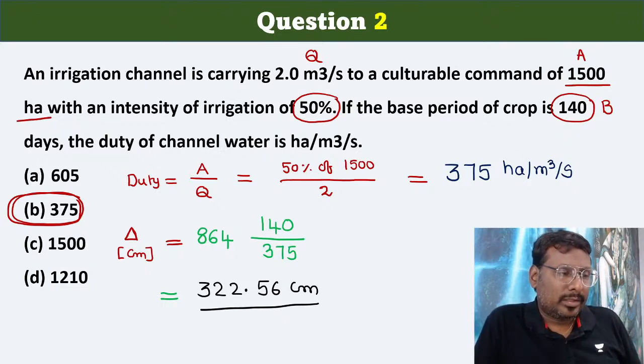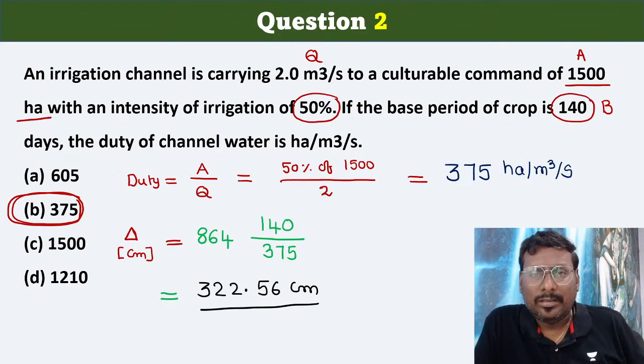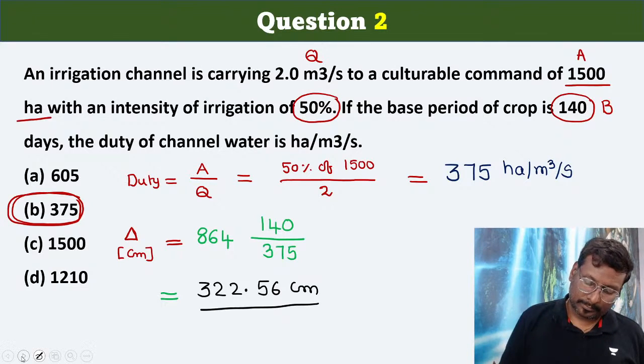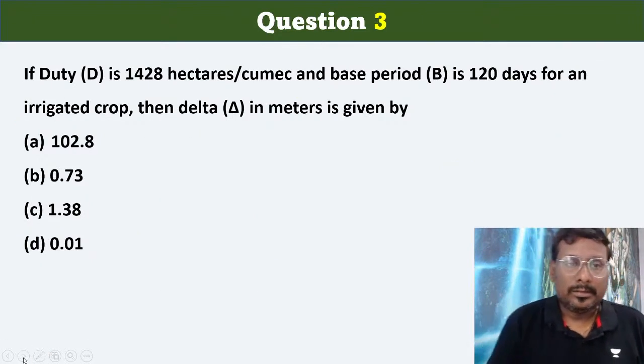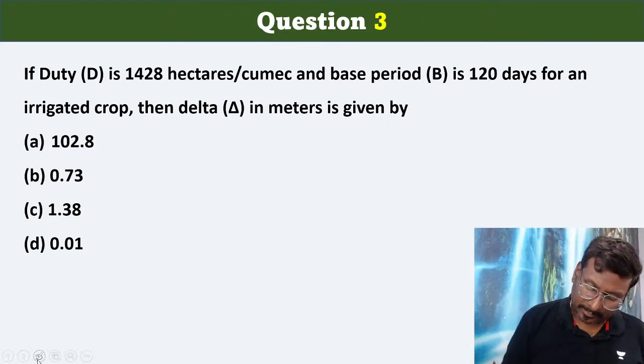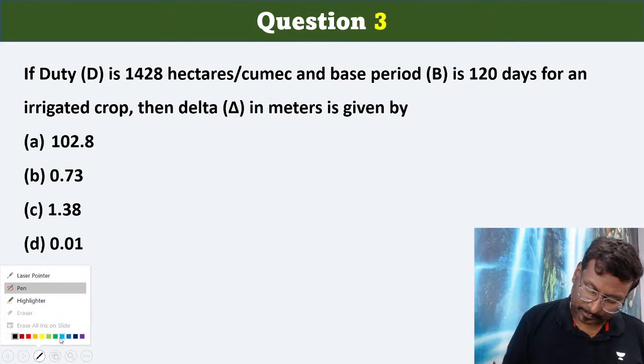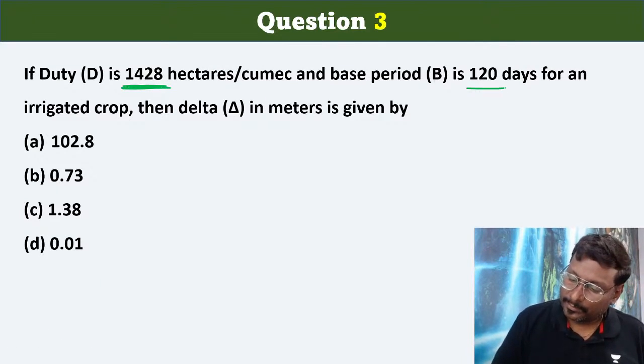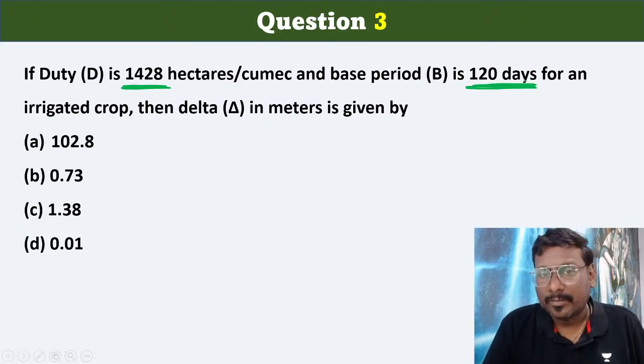Yes, Jagrati, very good. Ready? Next question. Duty 1428 hectare per cumec, base period 120 days, find delta.